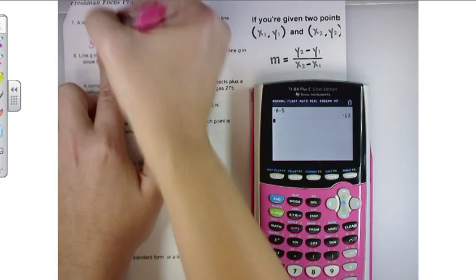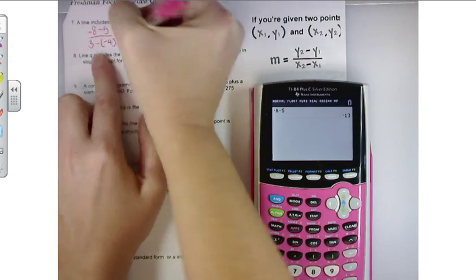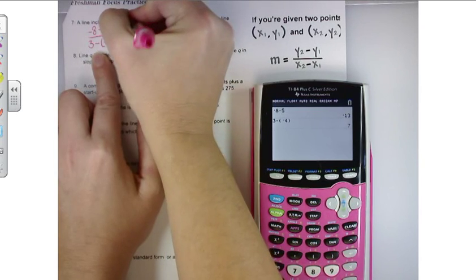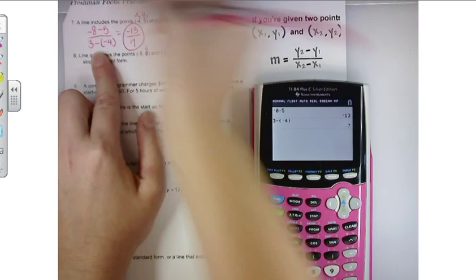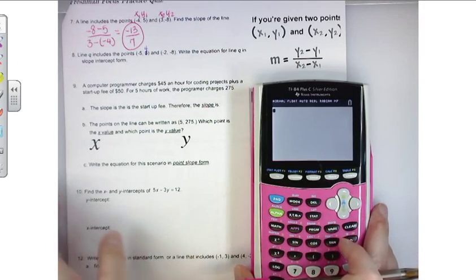It's going to give me -13 over, and then I'm going to go 3 minus parentheses -4. Let the calculator do the work for me, and the answer is 7. And that's my answer right there. No worries.